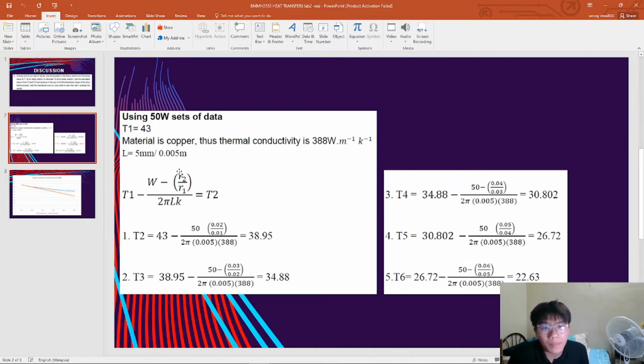We continue this way for the equation. So we find T1 is 43, T2 38.95, T3 34.88, T4 30.802, T5 26.72, and lastly T6 is 22.63.